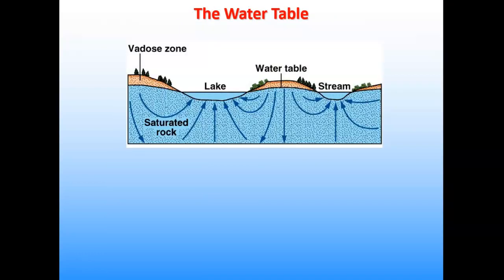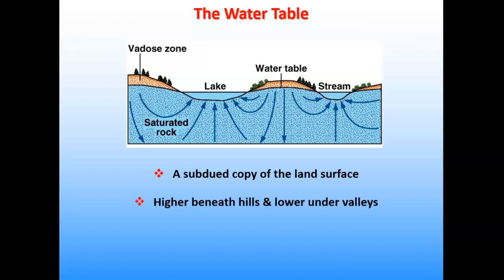So we like that. Okay, so we said the water table was that line where it's saturated, all the places in the rock or sediment are filled with water, and above that line they're not. And so we can estimate where the water table is in the subsurface.